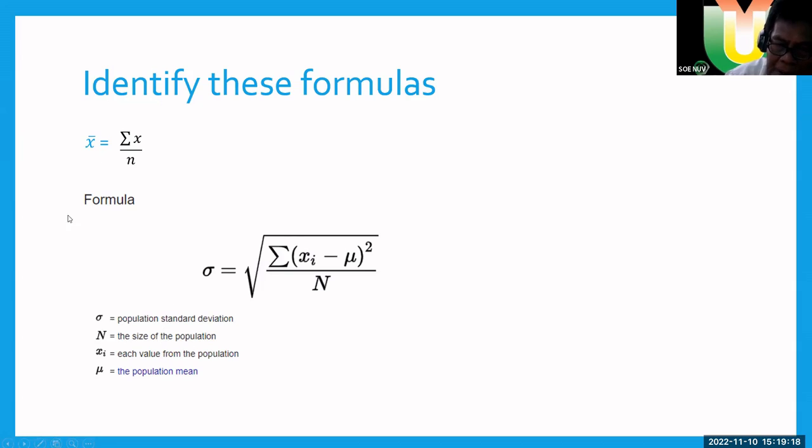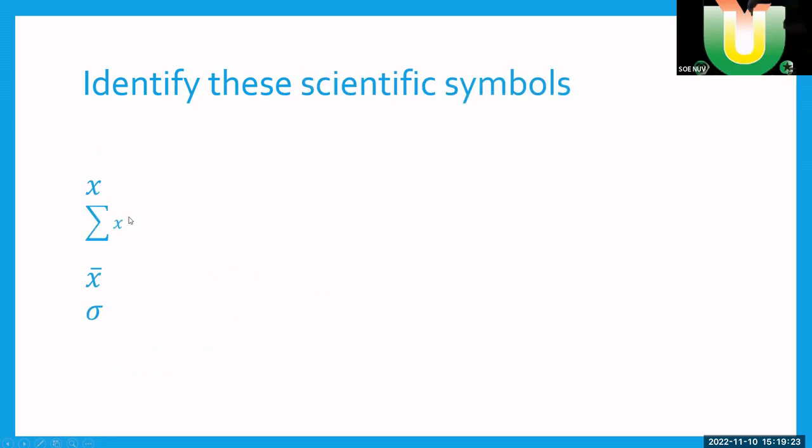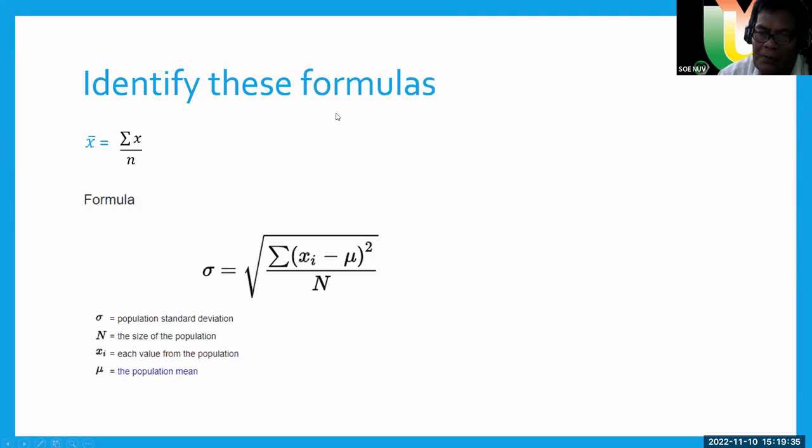As you can see in the previous slides, we have average, we have sum of scores, we have X, and we have the sigma for standard deviation. As we look at this formula, the first one is, as someone says right, average is equal to the sum of scores divided by the number of children sitting the test.